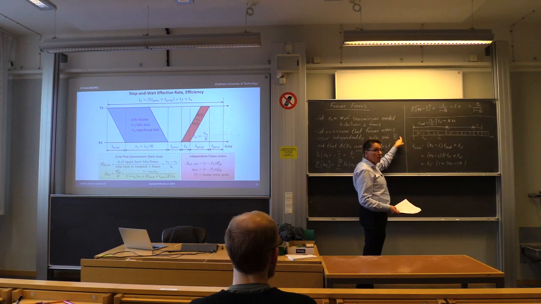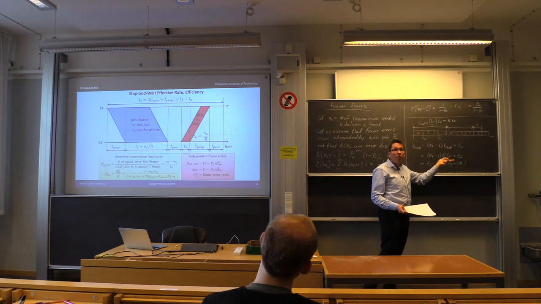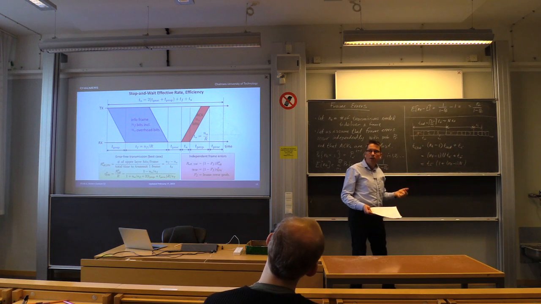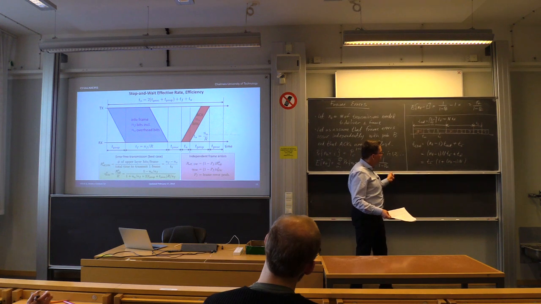Because there could be errors in other packets that could trigger other transmissions and so forth, right? We have ignored these. So this is a little bit of an approximate analysis, but it's good enough for our purposes. We just want to get a feeling for what the efficiency is.